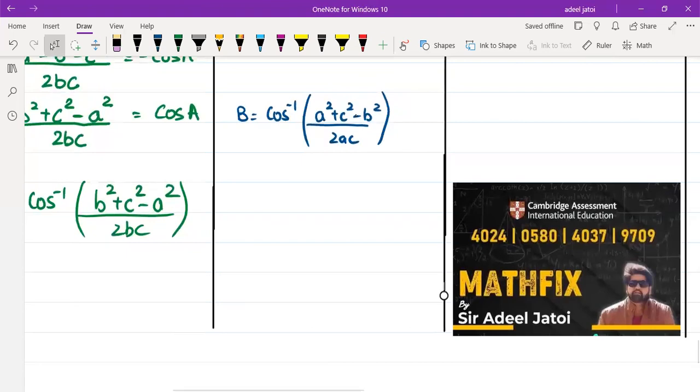In a similar way, there is another side, that is C square.